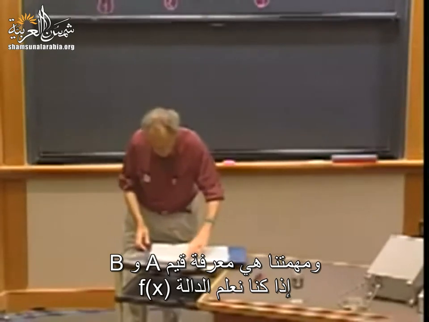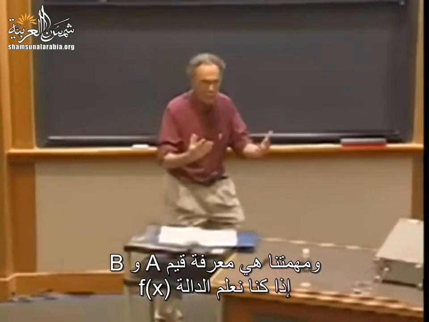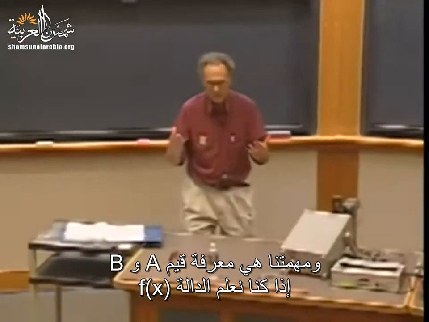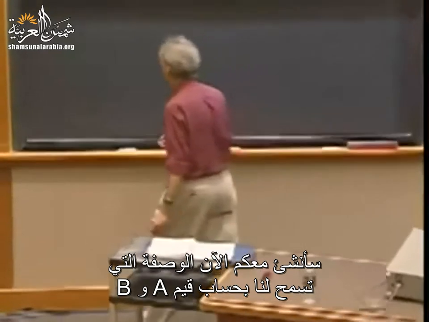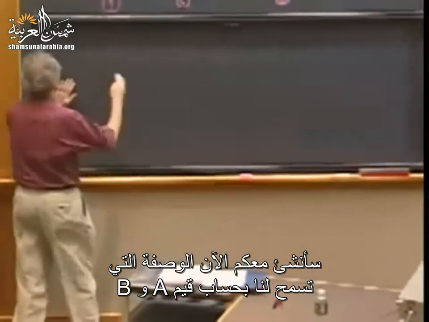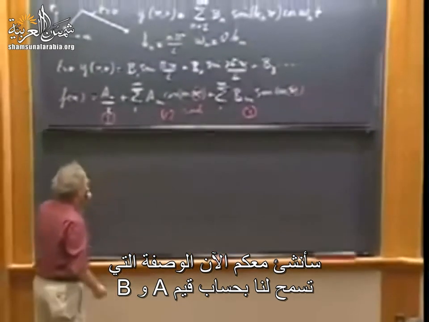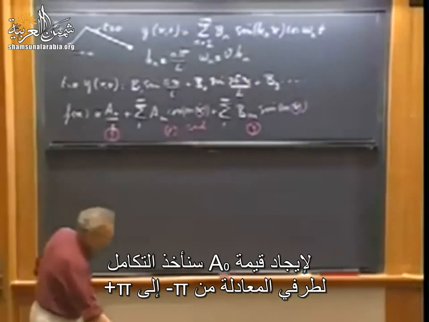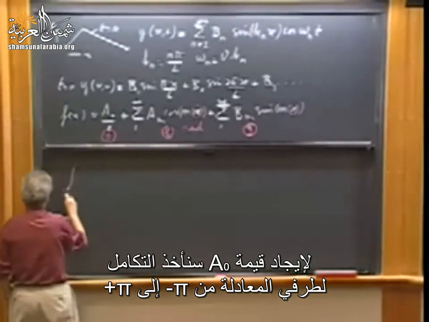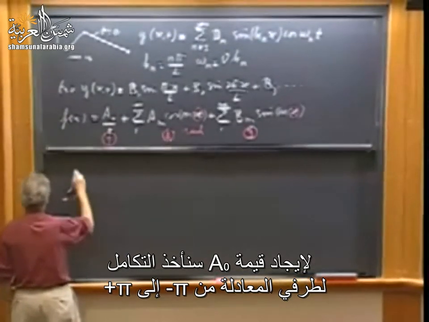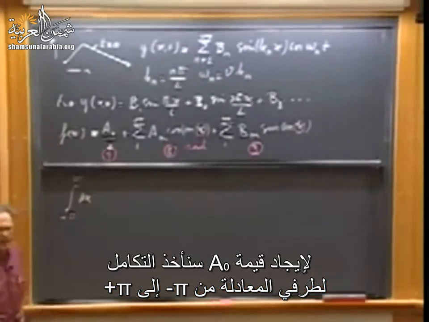So our task now is to find the values for a and b if you know the function f(x). And I will build up with you the recipe that allows you to calculate the values for a and the values for b. What you do, the first thing you do to find a0, you take the integral from minus pi to plus pi dx on both sides of the aisle.